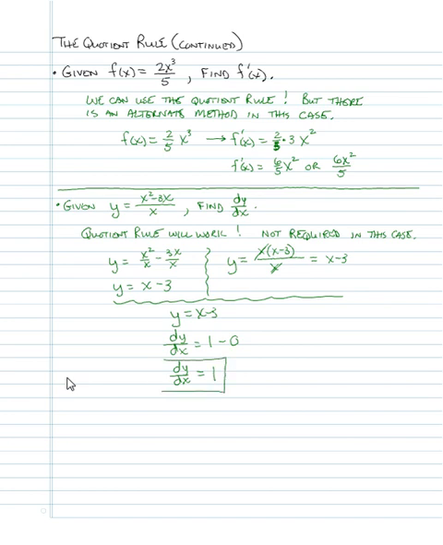And it wasn't necessary to use the quotient rule because we could rework the function and use other techniques. On the next page, though, we'll see just the reciprocal of this function, and that will be a case where we have no other alternative but to use the quotient rule.